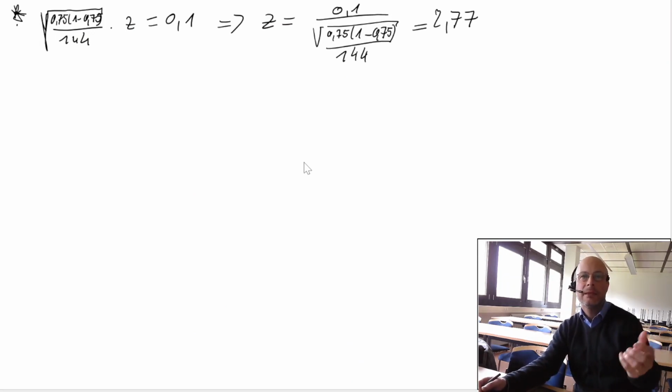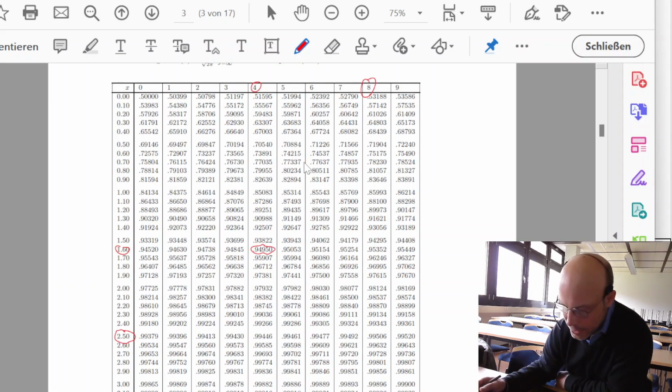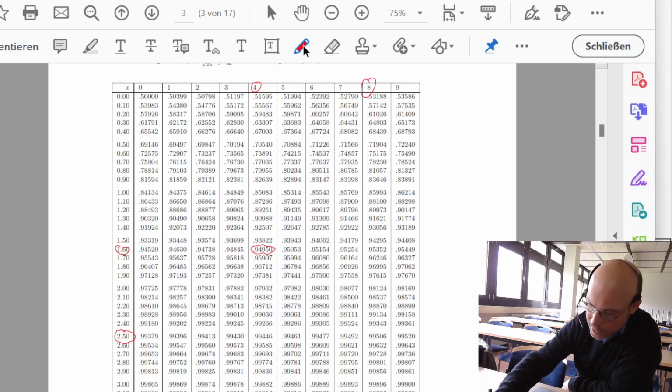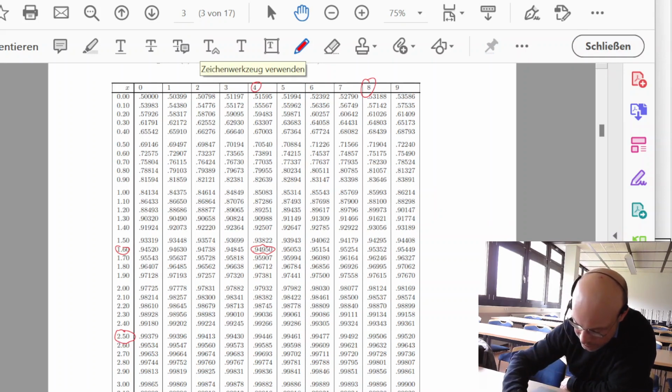Well, and with this value, 2.77, we can go back to our table, and we look at the value corresponding to 2.77.